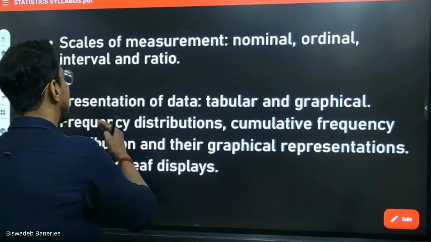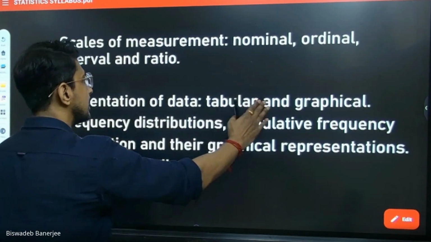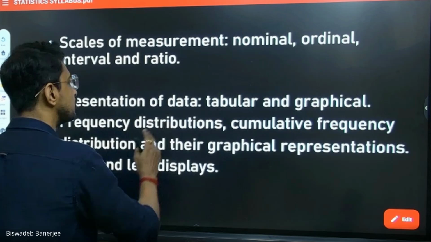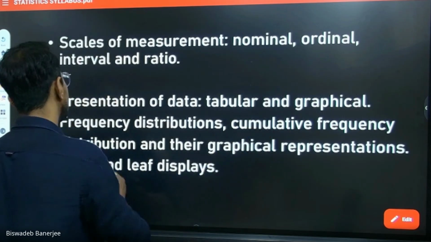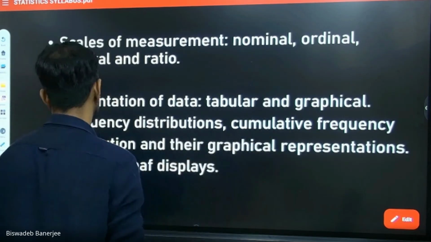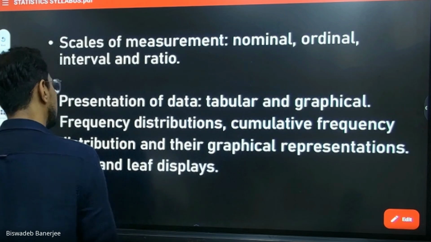After that, we have presentation of data, tabular and graphical, frequency distribution, cumulative frequency, and their graphical representation, stem and leaf display.